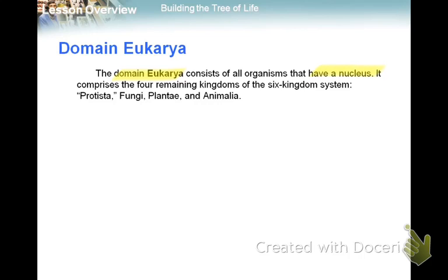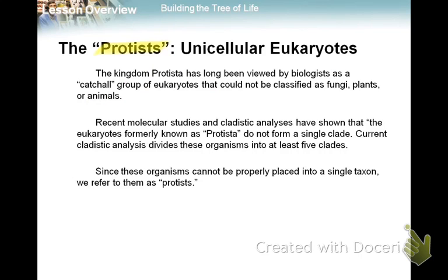Domain Eukarya are all of the eukaryotes. They have a nucleus. The 4 remaining kingdoms are here, again Protista in quotations. We'll get to that in a sec. Protists, like I think I even said, a catch-all group of eukaryotes, miscellaneous category. These don't form a single clade. There's at least 5 clades in kingdom Protista.